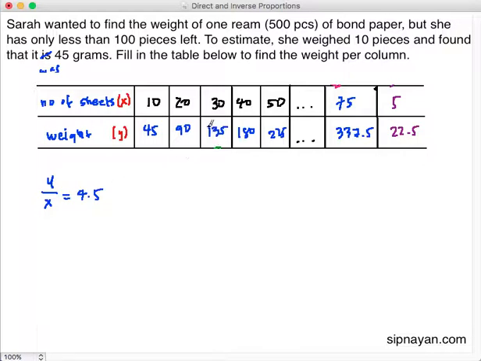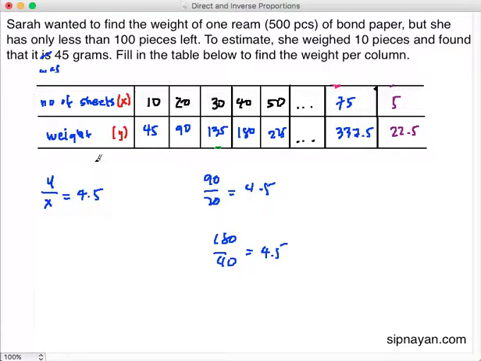Kahit saan ka pumili dyan ng pair of numbers, for example, 90 divided by 20, that is 4.5. O kaya 180 over 40, that's also 4.5. Ang pinaka original niyan dito ay 45 over 10, which is still 4.5.